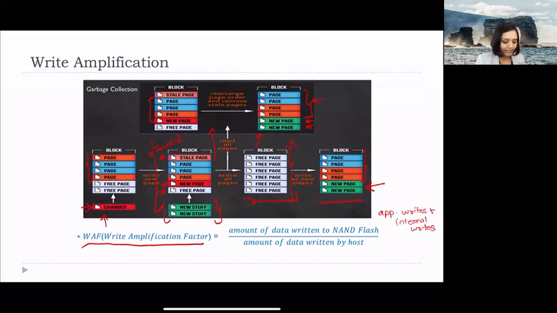That's the total amount of writes that we are doing on the NAND flash, divided by the amount of data written by the host or by the application. So that's actually what we are supposed to write, but we are writing something more than that, and that's where the amplification comes in, as we call it write amplification factor, or WAF or WA. You would find these terminologies named differently in different research articles.